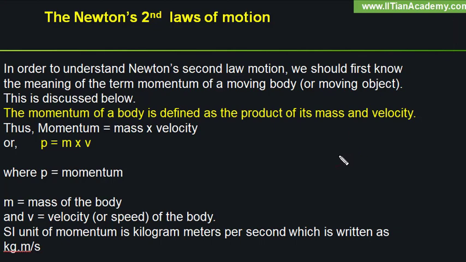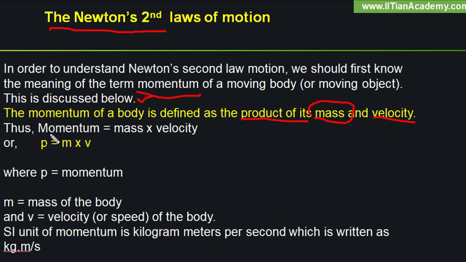In order to understand Newton's second law of motion, we should first know the meaning of the term momentum of a moving body or moving object. This is discussed below. The momentum of a body is defined as the product of its mass and velocity.